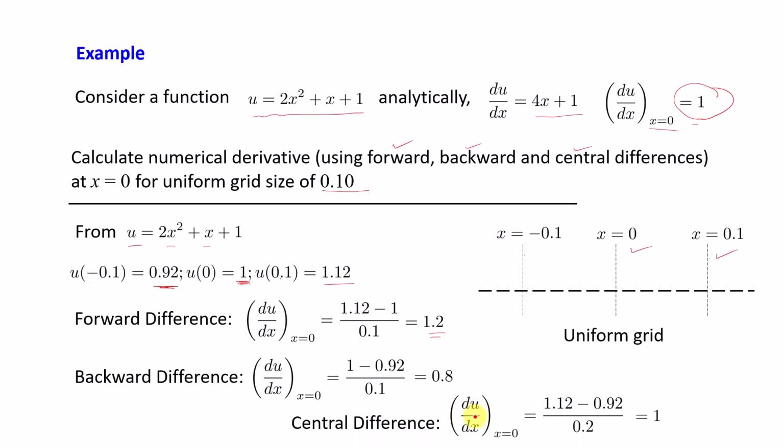You will see that 1.12 minus 0.92 divided by 0.2 will give you 1, which in this case is matching with the exact solution. Why is it matching and why are others not matching? These are the questions we will see in an upcoming lecture. And will it match for all functions or will it not? That also you can try and see.